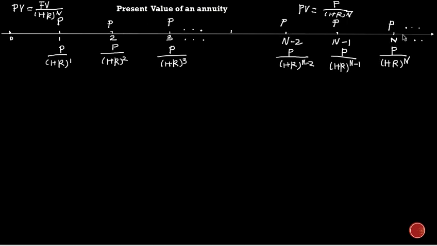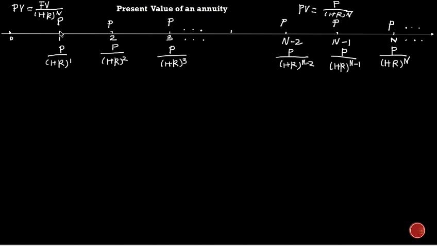We have N periods, and the interest rate for every period is the same, capital R. So we need to calculate the present value of every P and add them up to get the formula of the present value of an annuity.